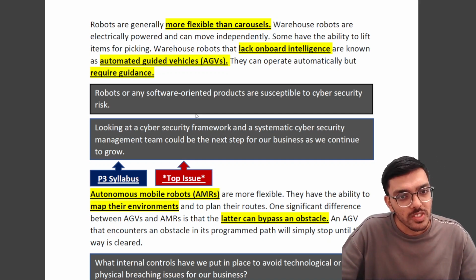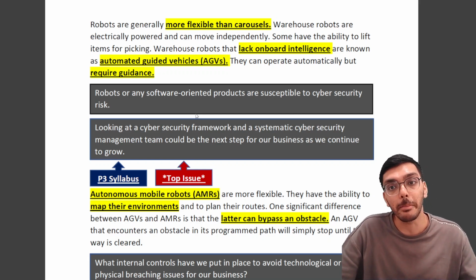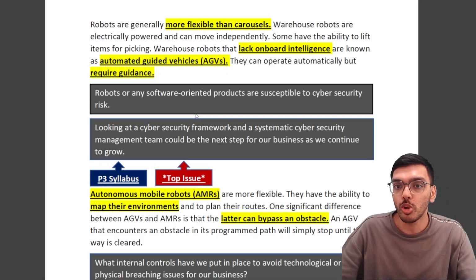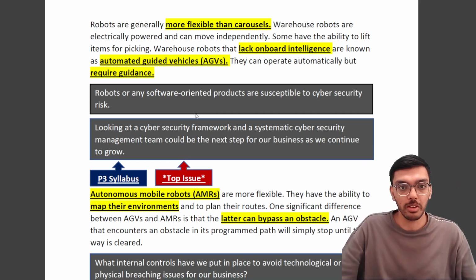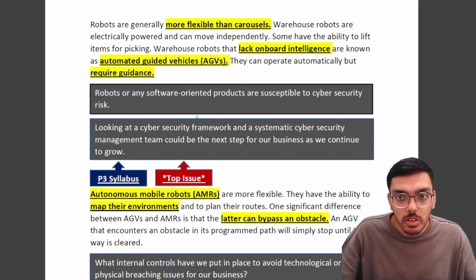So robots or any software oriented products are susceptible to cyber security risk. Please remember this. Why do I mention it? Because let's say you supplied some robots which run on software, obviously. If somebody hacks that software, then a lot of damage can be caused.